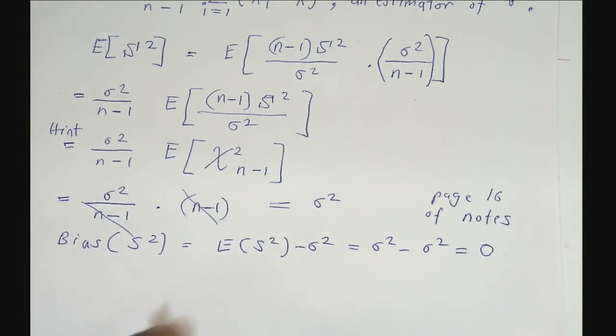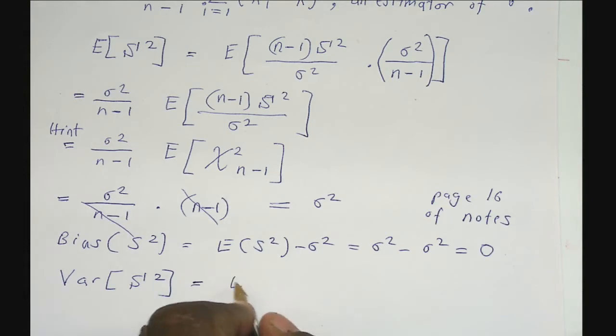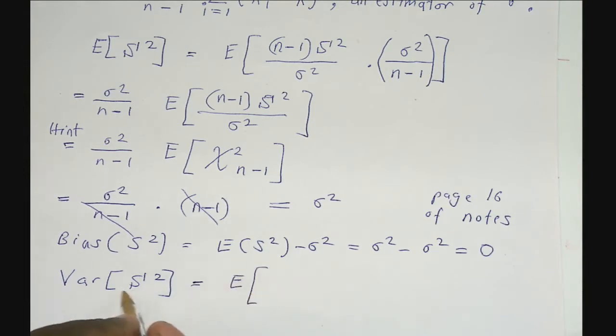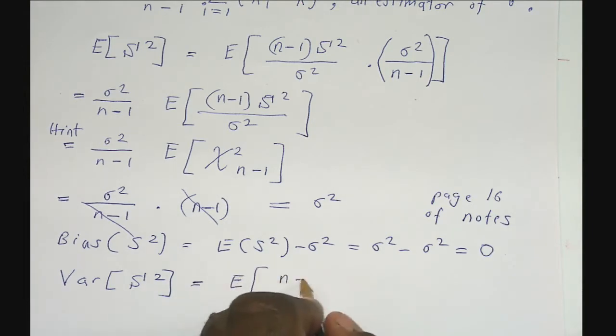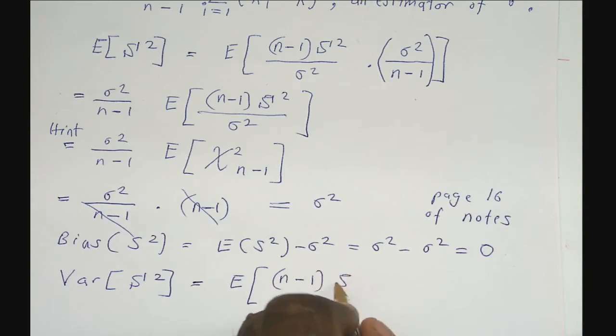That's the first part. The second part is to find the variance. Remember, since S squared is unbiased, the variance is the same as the MSE. To find the variance, I'm going to apply the same trick, guys. I'm going to write S squared like this. You should know why I'm doing this.